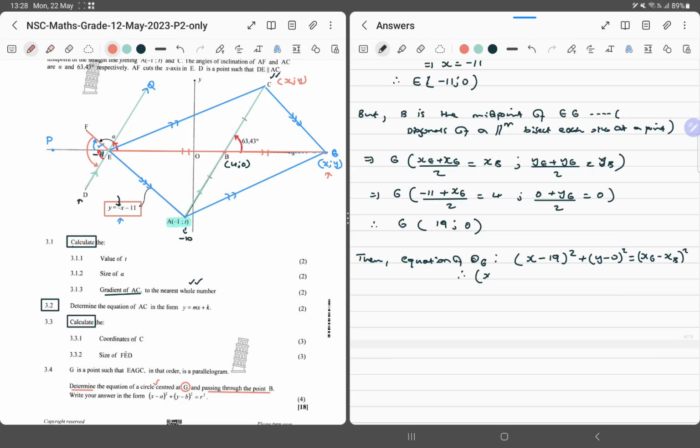Therefore, that equation is going to be x minus 19 squared plus y squared is equal to, perhaps I should not even be wasting time here writing formulae, this is just the same as 19 minus 4. So then 15 squared is 225.